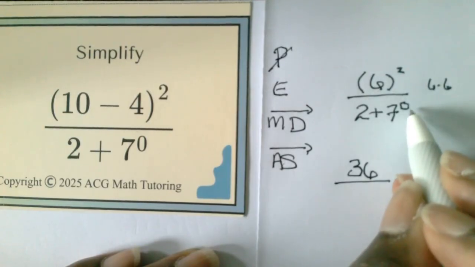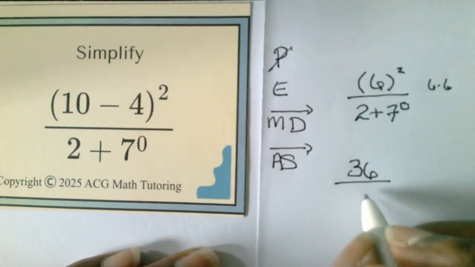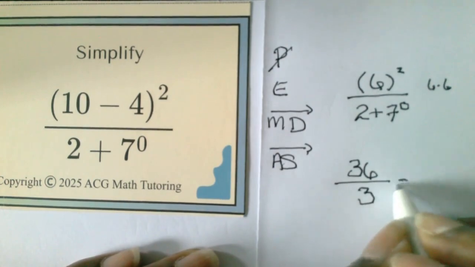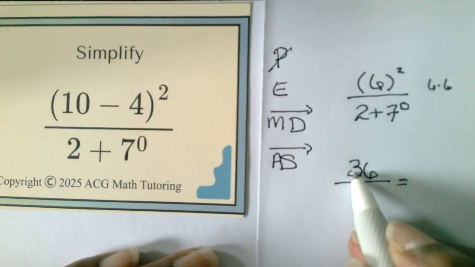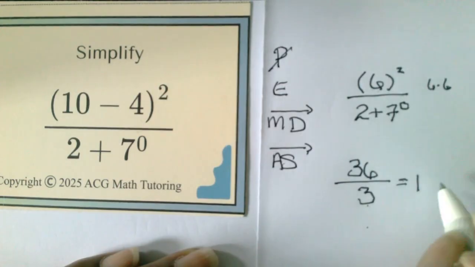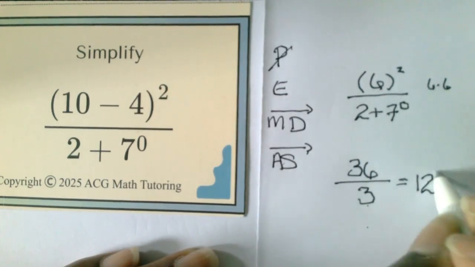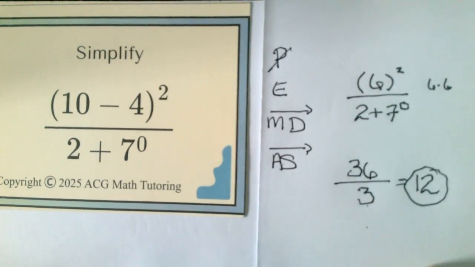And then 7 to the 0 power, that's going to be 1, and 1 plus 2 will give me 3. So 36 divided by 3, how many 3's can go into 3? 1. How many groups of 3 can go into 6? 2. So we have our answer simplified as 12.